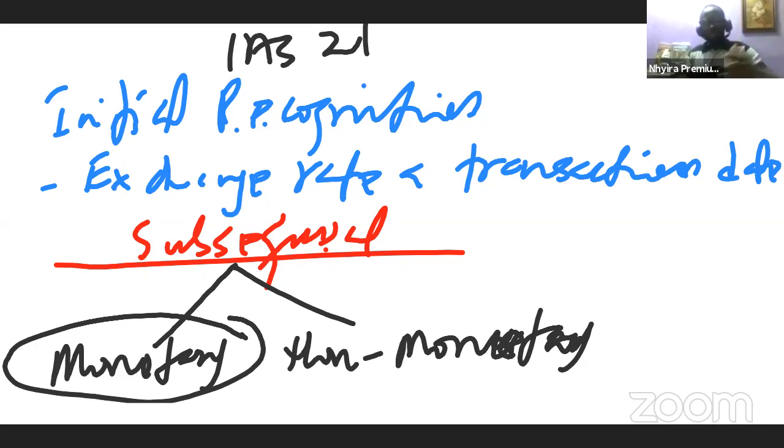That difference will either be a loss or a gain and will be recognized in your income statement, if it is part of your trading activities as an organization. Then for the non-monetary items like inventory, on subsequent measurements, they will still be recognized at the initial value that we recognize them.